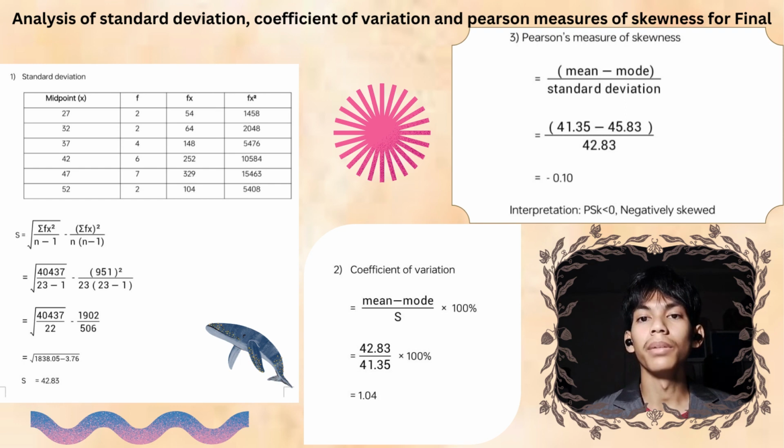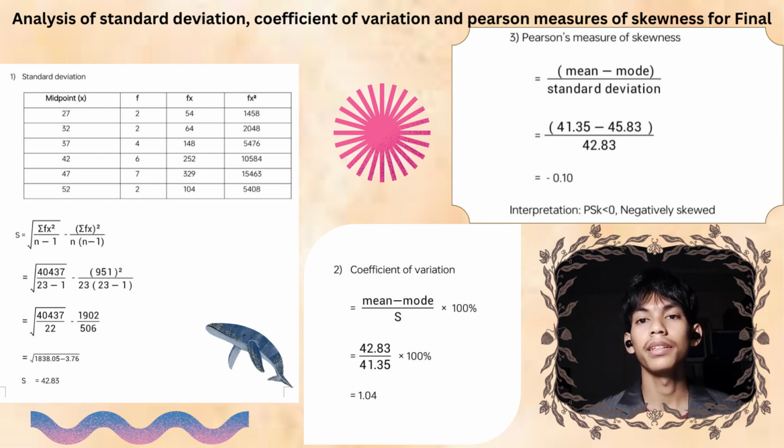Refer to the table. Standard deviation is square root of 40437 divided by 22, minus 1902 divided by 506. Then we will get the answer, that is 42.83.